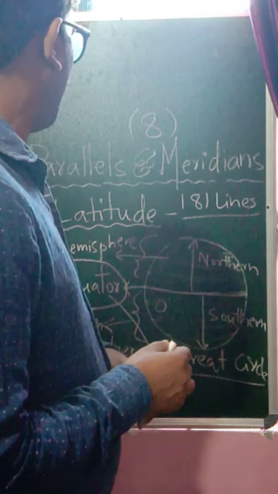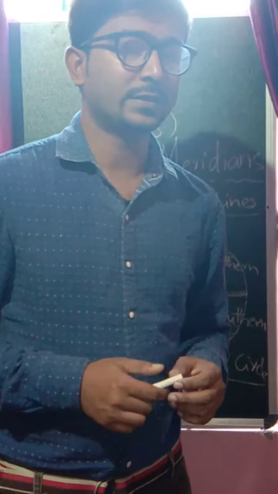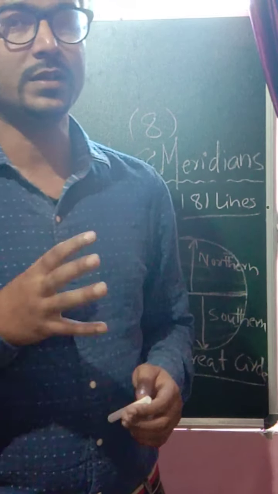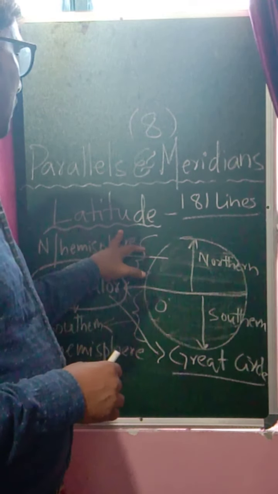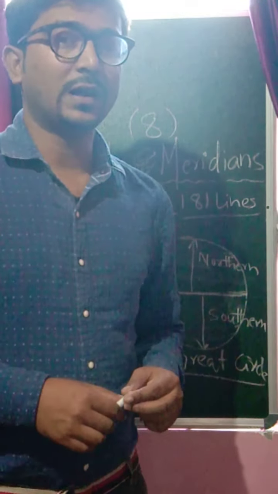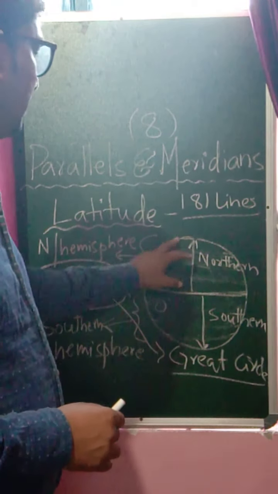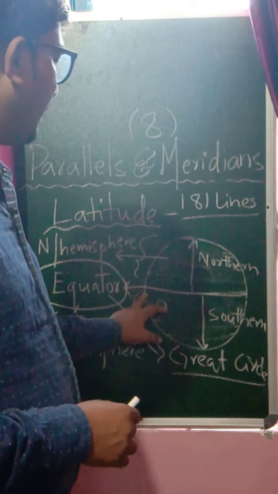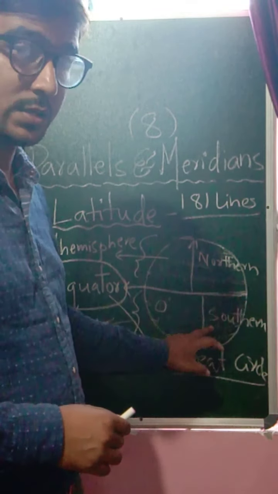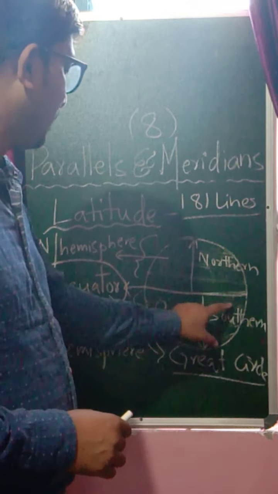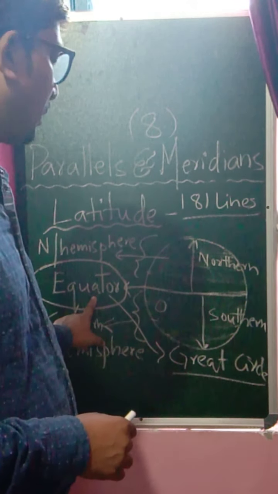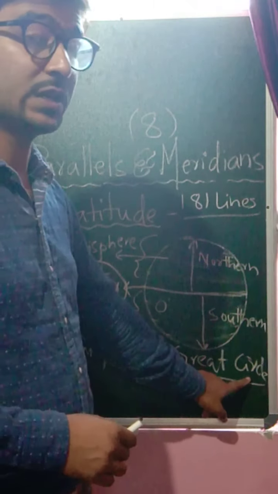Then we studied the different parts that make the study of the globe easier. In that, we went through the line of latitude, which is known as the parallel lines of latitude, and we studied that the earth is divided into two equal parts. One is the northern hemisphere, and the other is the southern hemisphere, with a line in the center which is known as the equator line or the great circle.